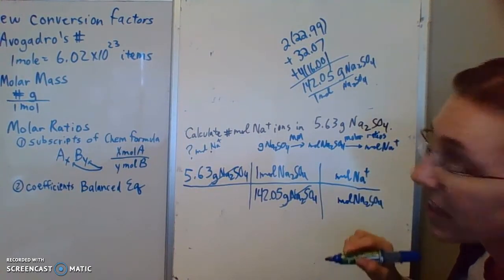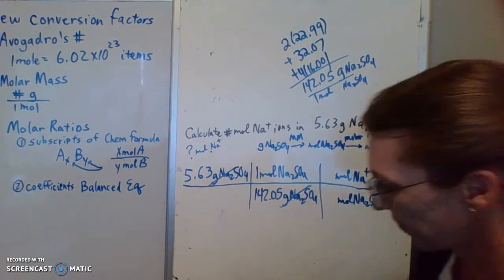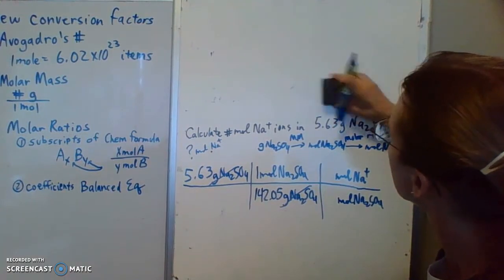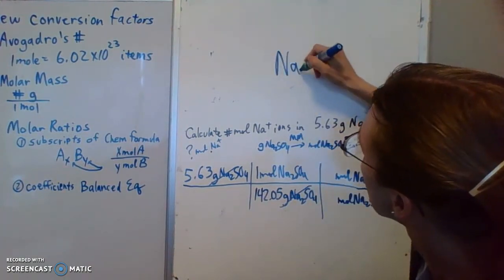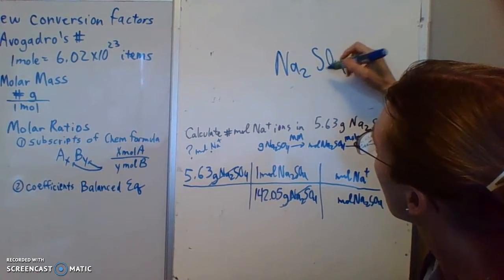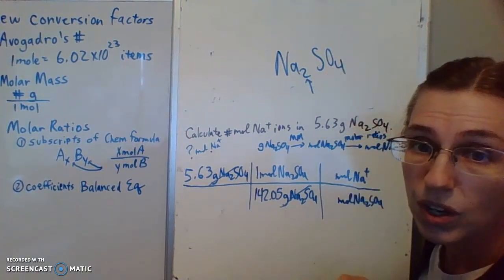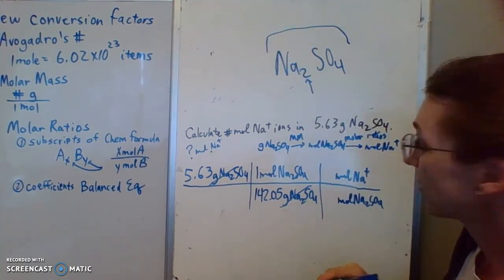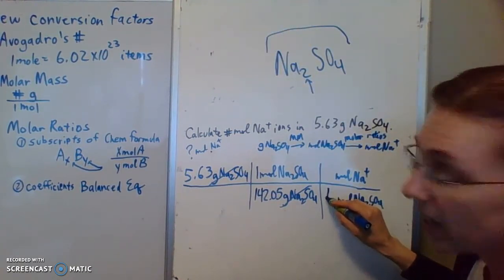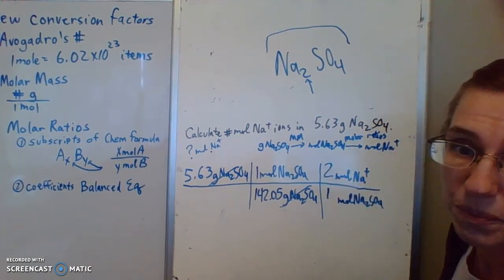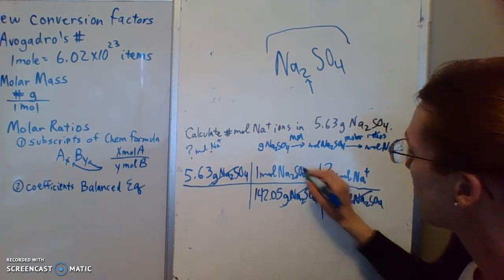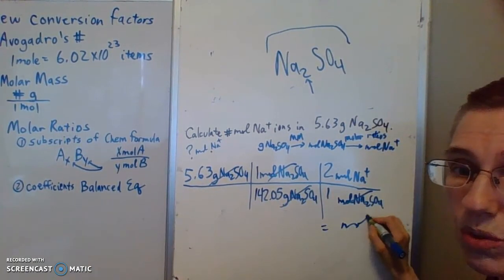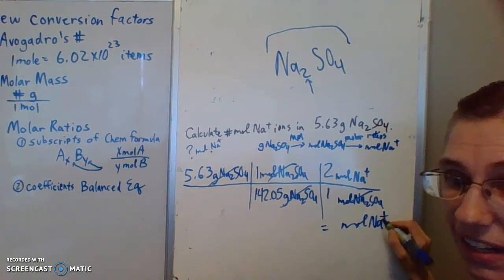Now from the chemical formula, let me just rewrite that chemical formula so you can see it really big. We see that there are 2 moles of sodium for every 1 sodium sulfate. So we've got 1 sodium sulfate, 2 sodiums. Now those will cancel out. The only thing we didn't cancel out now is our moles of sodium ion.